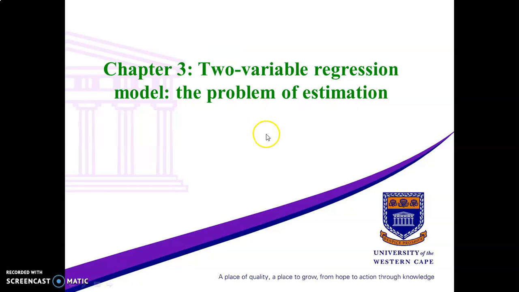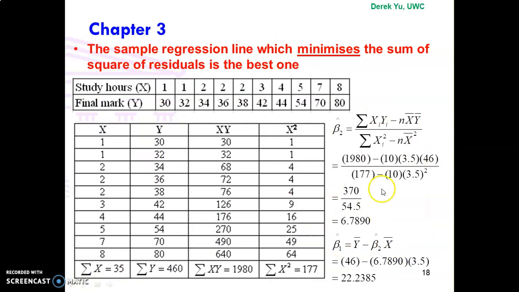Okay, then chapter 3. This is a mathematical example to derive the sample regression parameters. OLS method, ordinary least squares. So we want to minimize the sum of squares of residuals in order to derive the sample regression parameters. Okay, so at 3rd year level, I'm not going to ask you to do these calculations.